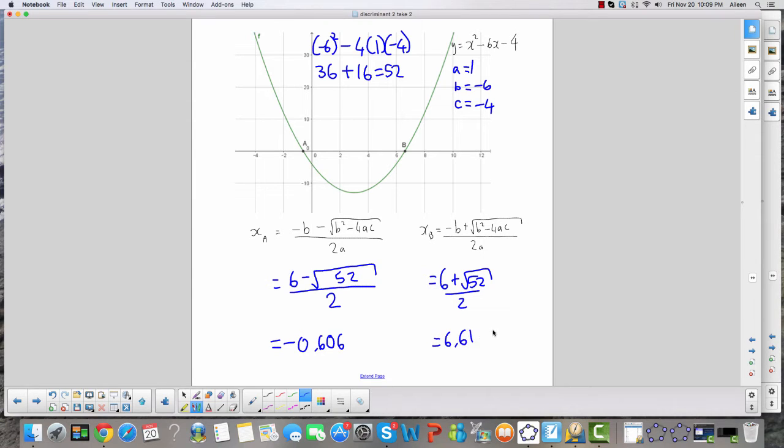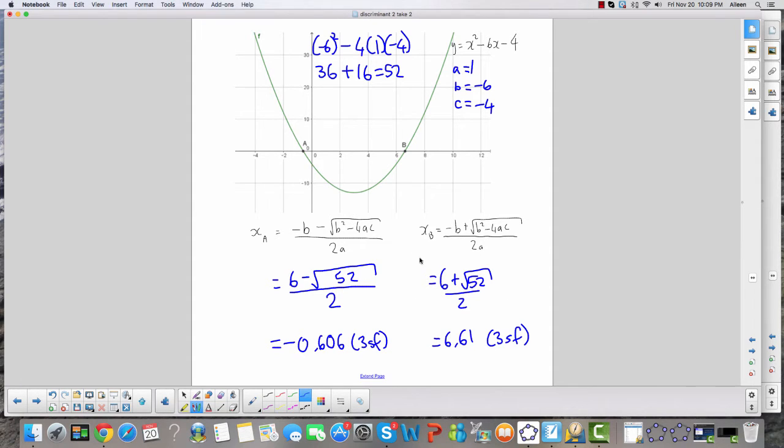Both of these are correct to three significant figures. When we look at the graph, the value of -0.6 makes sense to where it is located, and 6.61, again, that makes sense. So we use the quadratic formula in the way that we're used to, to find the two x-intercepts of the graph.